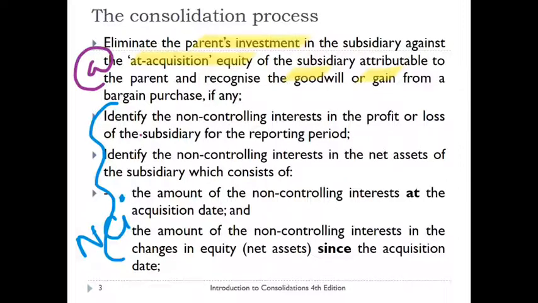That included attributing a portion of the current year's profit or loss of the subsidiary to NCI, as well as identifying non-controlling interests in the net assets of the subsidiary as part of the at acquisition consolidation journal entry, and also as part of the since acquisition date process, where a portion of the since acquisition, or opening balance, equity items of the subsidiary have been attributed to NCI.